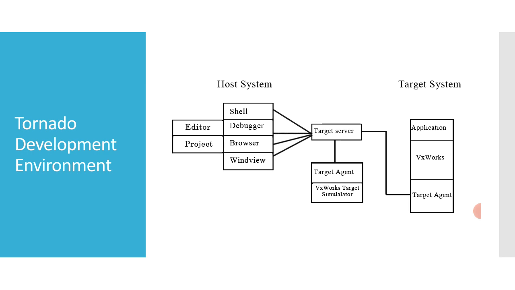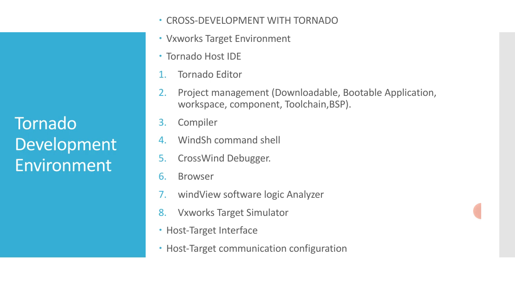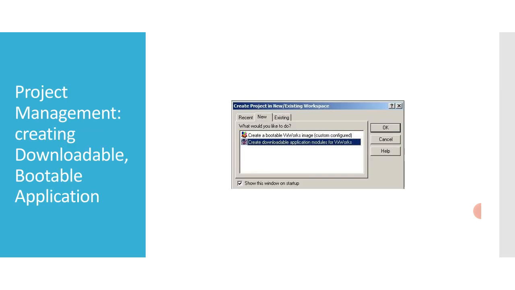In addition, the Tornado development environment includes the Crosswind debugger, which allows developers to view and debug applications in original source code. Setting breakpoints, single stepping, examining structures, and so on is all done at the source level using a convenient graphical interface. Right. So coming back to the project management.